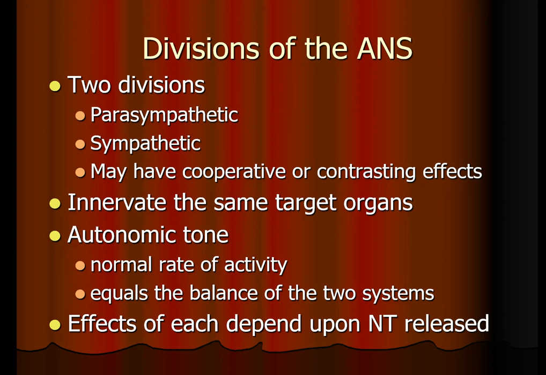The other factor that's going to be involved is not only which neurotransmitter is being released, but what else? What's the other thing that determines how that tissue is going to respond? The receptor. So what neurotransmitter is being released and what receptor is there for it? Because we know acetylcholine, that's the most common one. We know it can be excitatory at times, and we know it can be inhibitory at times. It's the same acetylcholine, so the thing that had to change is the receptor on different organs.